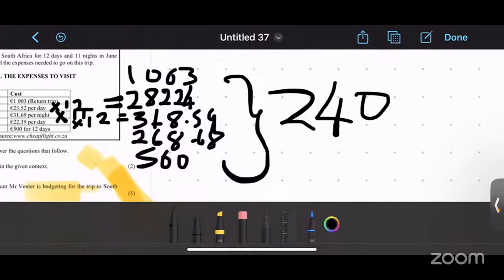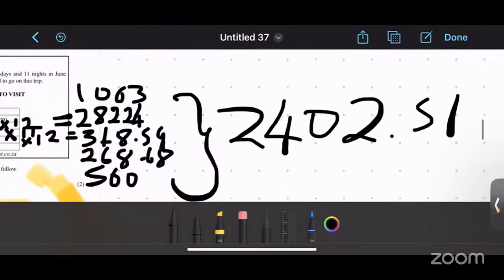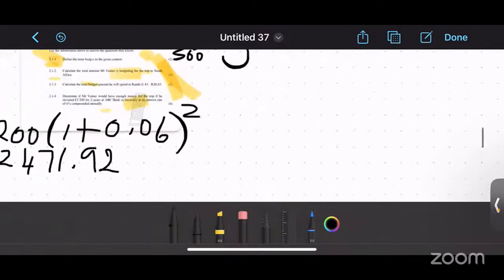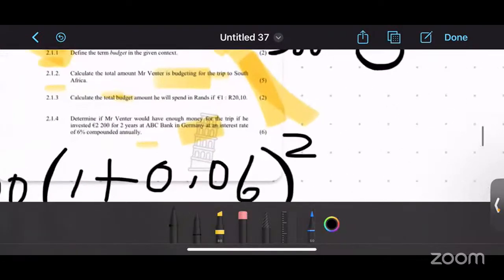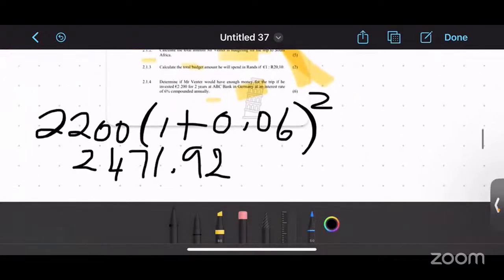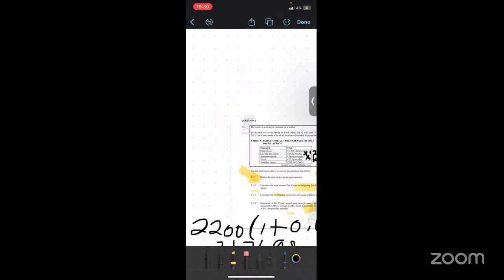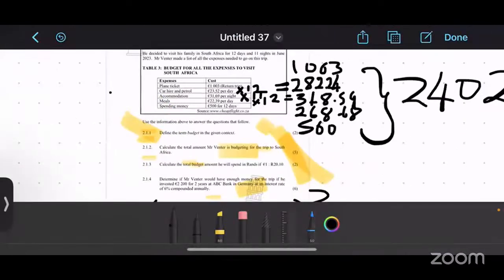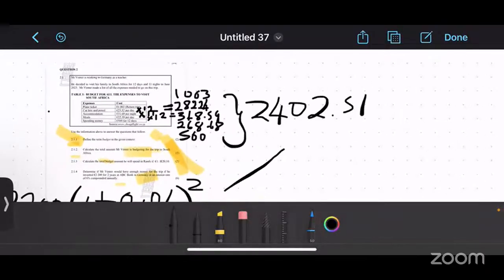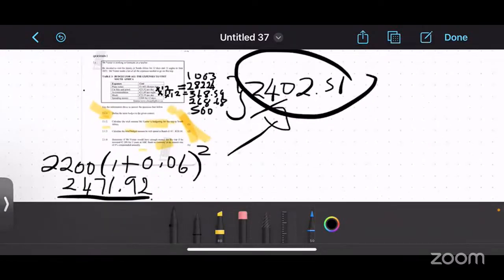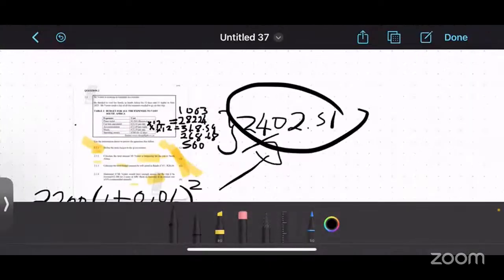And how we get for that is 2,471, which simply means that the cost can be covered, because this amount can go into the savings, and he also gets change from that.